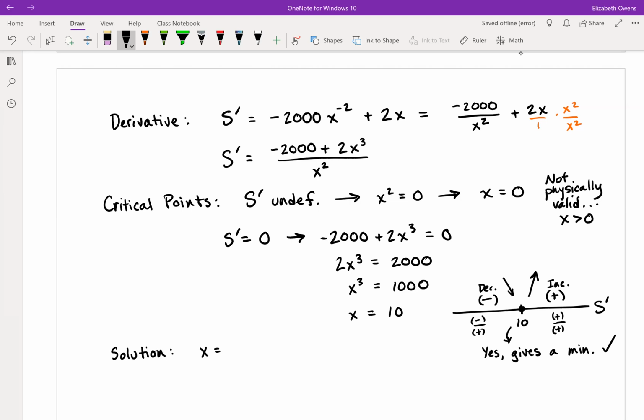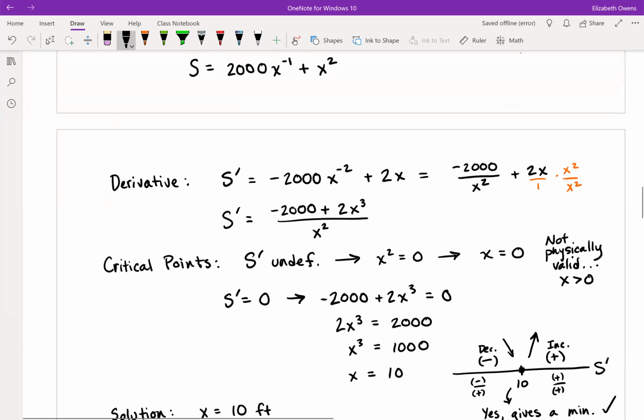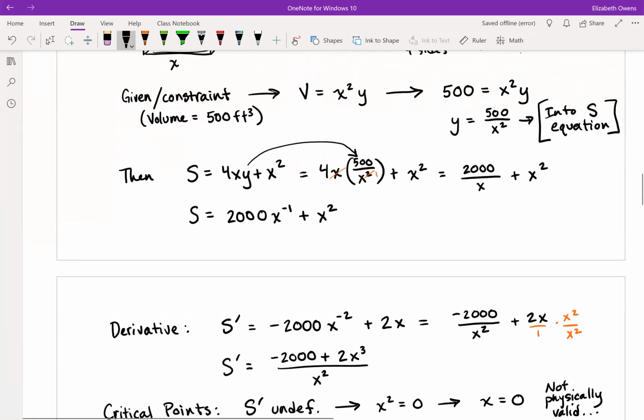Okay, our dimension x is going to be 10, unit is feet. y is the height of our tank, and we have a convenient expression for y right here. Okay, y is 500 over x squared.